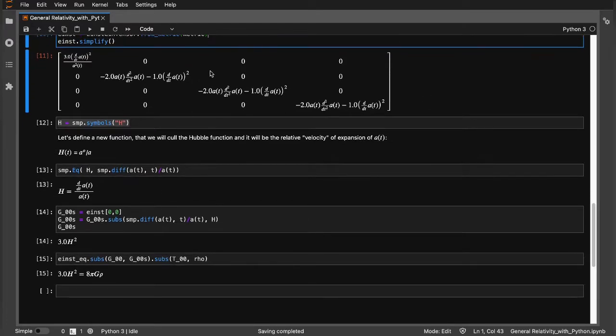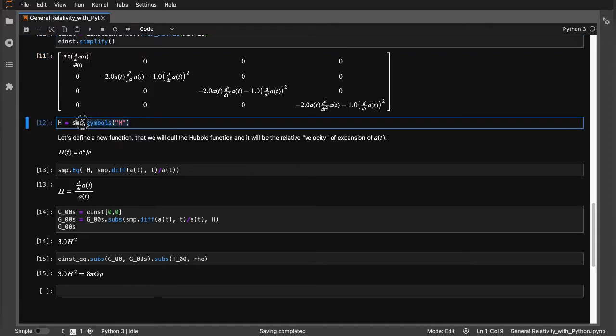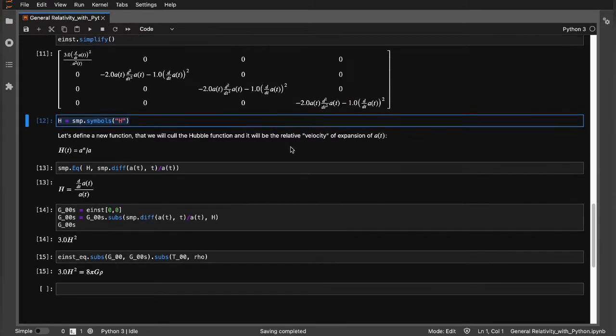We have also defined the Hubble constant, which gives us the relative velocity of expansion of a(t). Because we are talking about the universe, we have to take the Hubble constant; it is very important. This a-dot represents the differentiation of a.